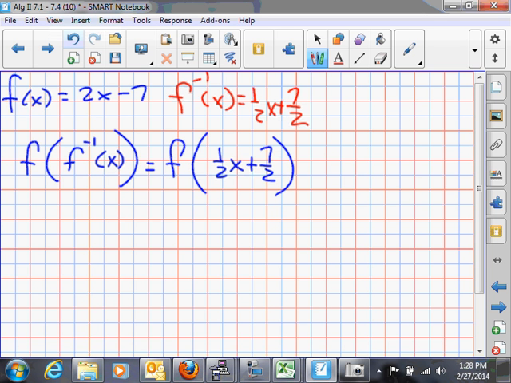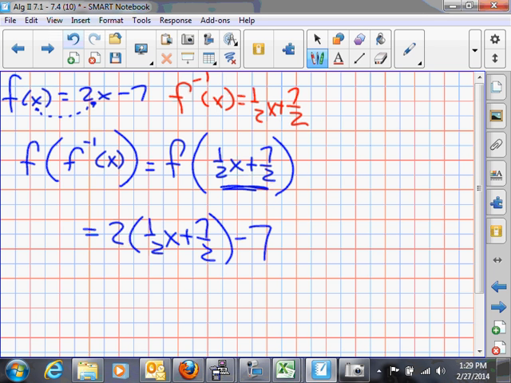Well, now 1/2 x plus 7/2 is our input, and what we're going to do is put that into the input for f. And f says when you have an input, multiply it by 2 and then subtract 7. So this will take our input, 1/2 x plus 7/2, multiply it by 2 and subtract 7. And now we'll figure out what we get.